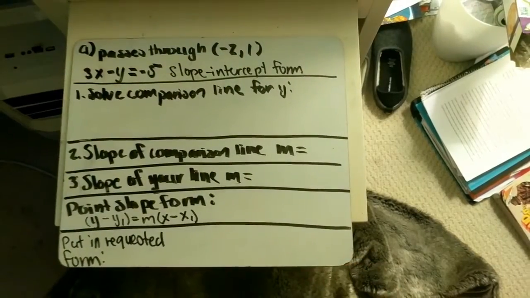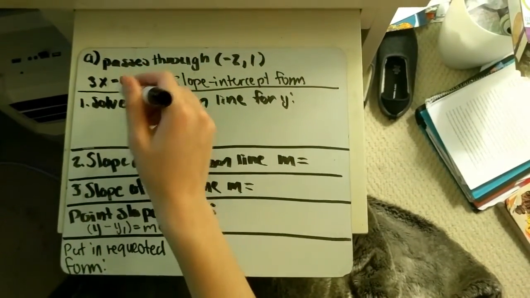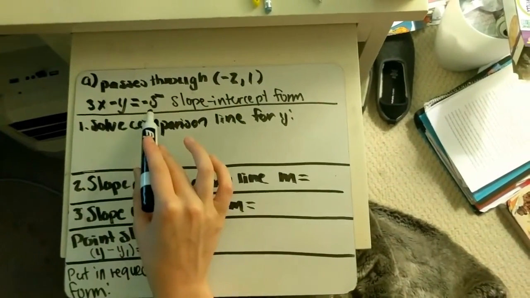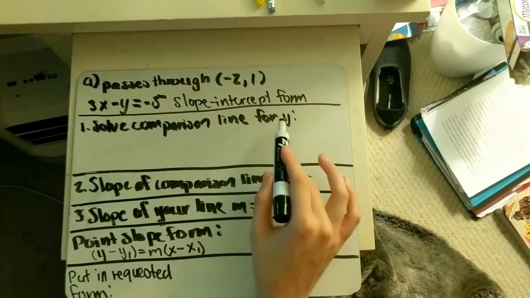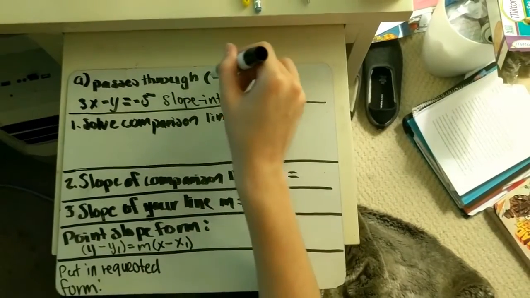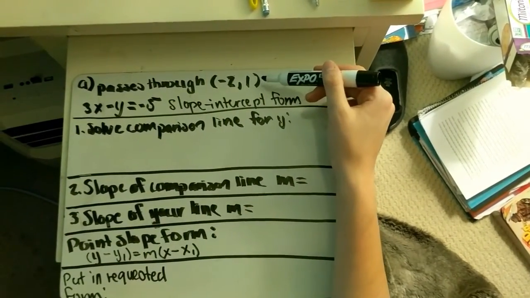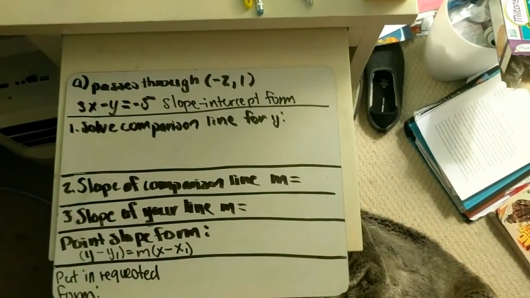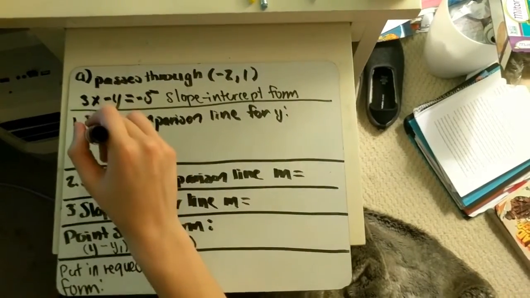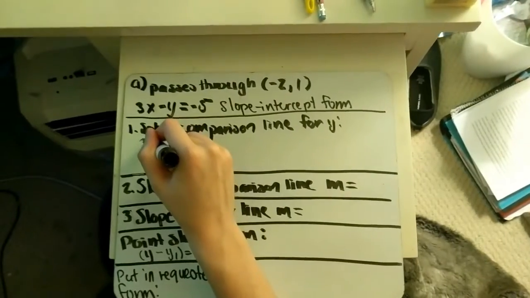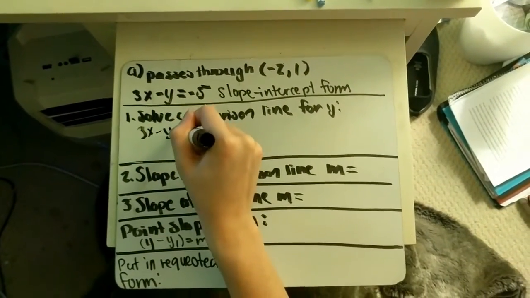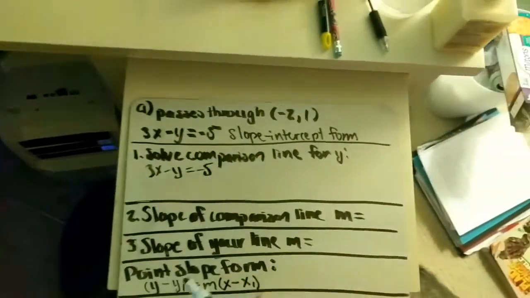Here we have an equation: 3x minus y is equal to negative 5. We are trying to find the line parallel to this comparison line, and it passes through the point (-2, 1). So we will solve for y. 3x minus y is equal to negative 5.